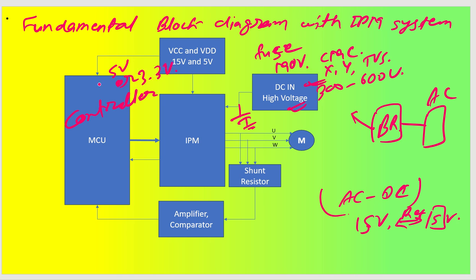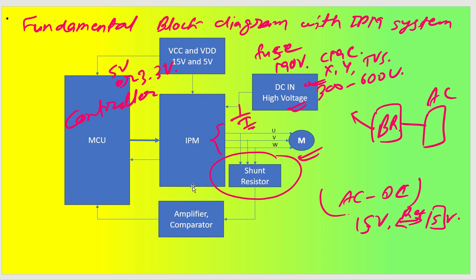Coming back to the other part, the IPM will have all the three phase outputs, U, V, W, which will drive the motor, and there we have the option of shunt resistors. This can be three shunt resistors, one for each phase separately, going to a current sense amplifier and then sent to the MCU for detection.